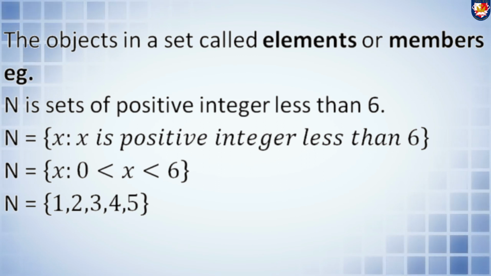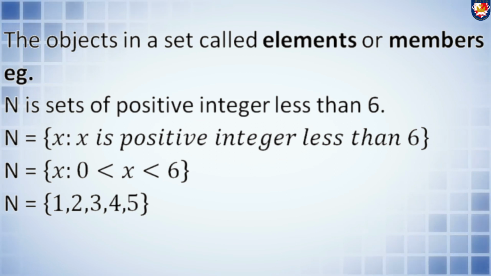In the following slide, you can see there are three ways to write the elements of N. The first is N equals the set of x, where x is a positive integer less than 6. The second way, you write x where x is more than 0 and less than 6.